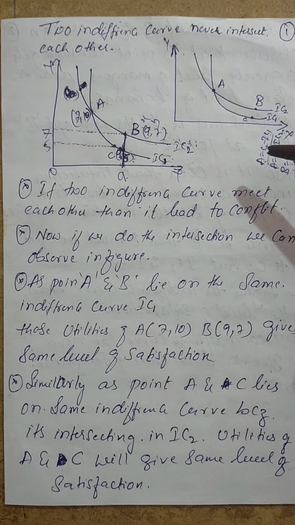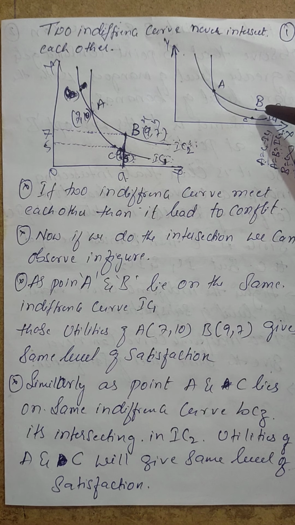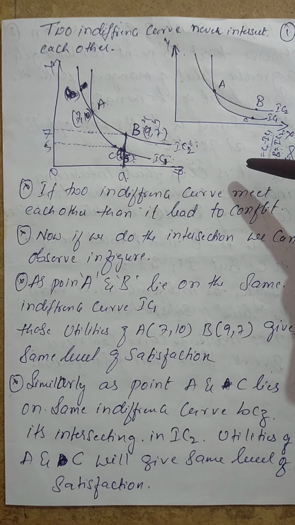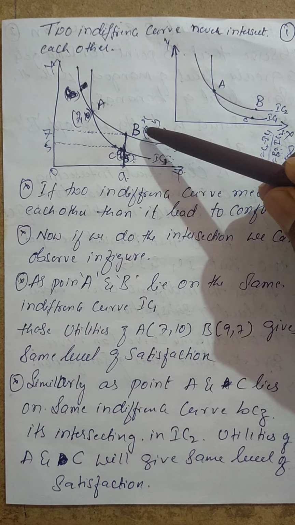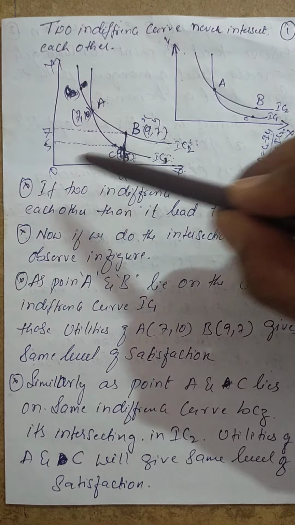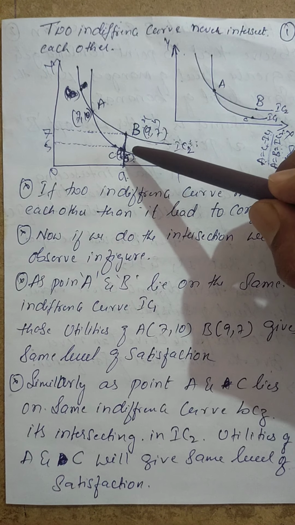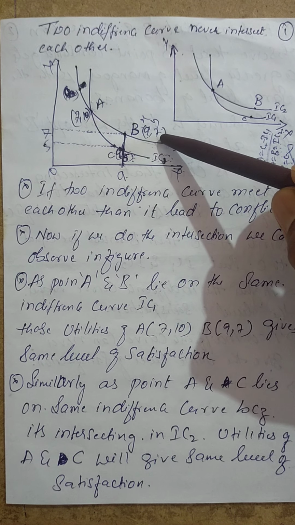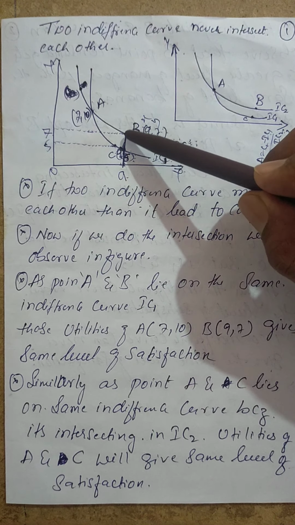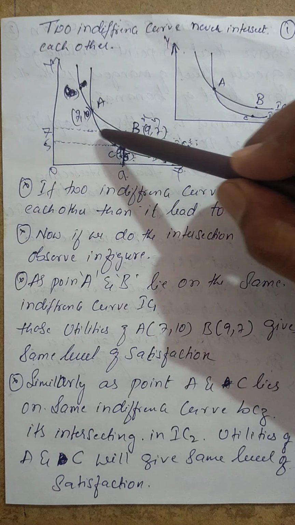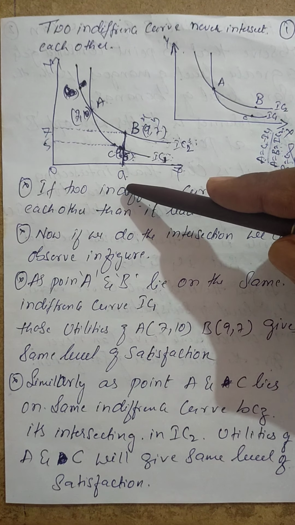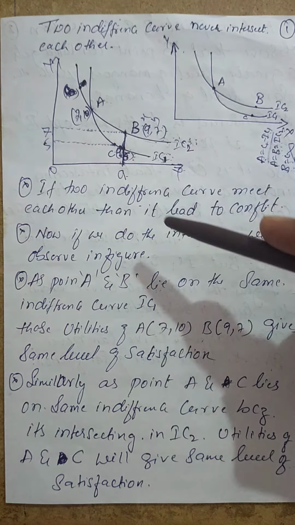The reason is very clear. The level of satisfaction varies from B to C. B has a certain amount of goods, C has a certain amount of goods. If you consider B and C, we have drawn the dotted lines. From B, we have 9 amount of X1 good and 7 amount of X2 good.